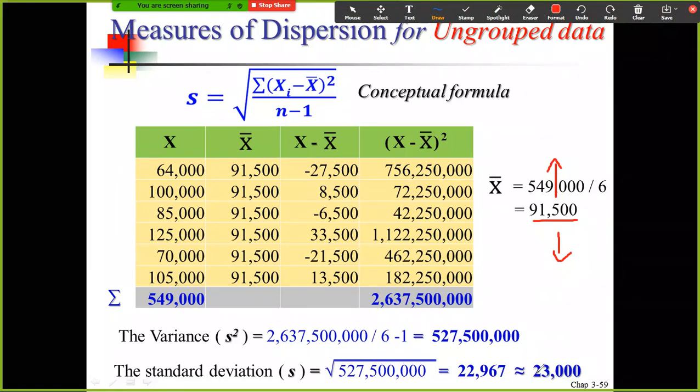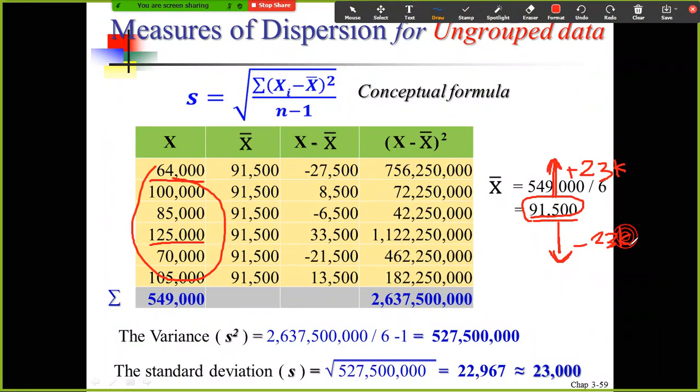This is not actual spending. Looking at actual, you see the largest and the lowest spending, but they are not here because this is actual and this is average. So 23,000 less than average, 23,000 more than average.